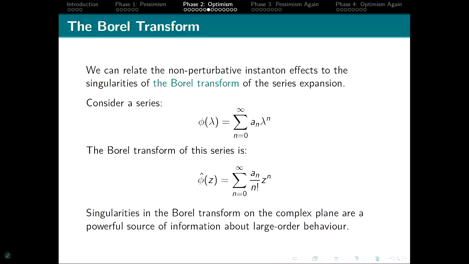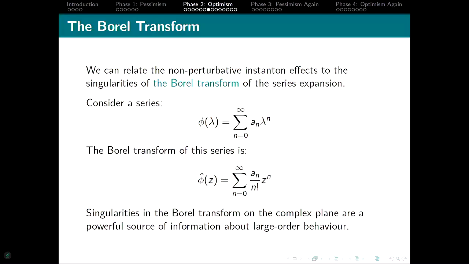And this thing, the Borel transformation, it turns out to be a very powerful source of information about the behavior of our original series, and in particular the analytic structure of the Borel transformation tells us about the large order behavior of our original perturbation series.